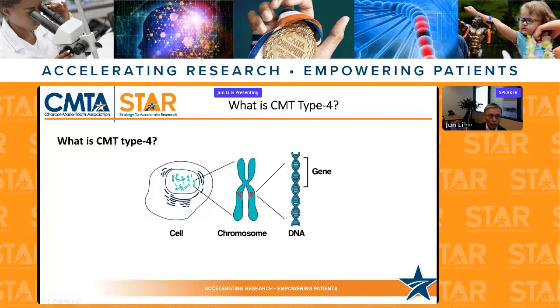CMT type 4 is a group of inherited peripheral nerve diseases caused by recessive mutations, meaning the mutation has to occur in both copies, not just one. So that's the definition of CMT type 4.